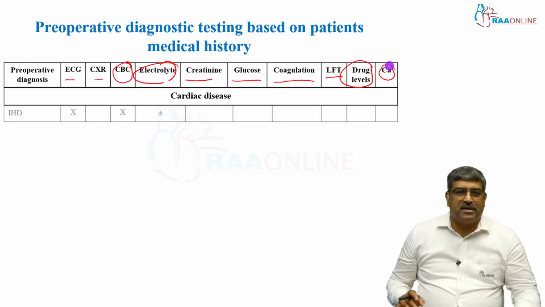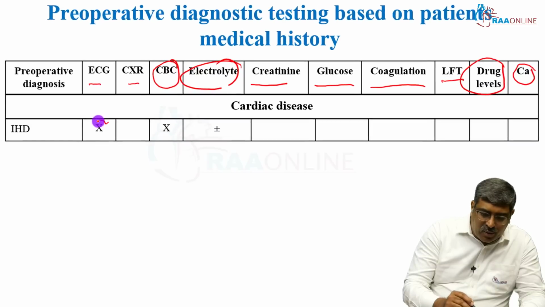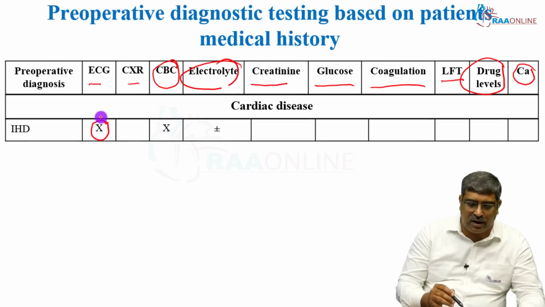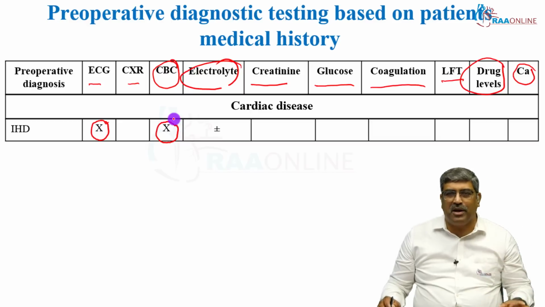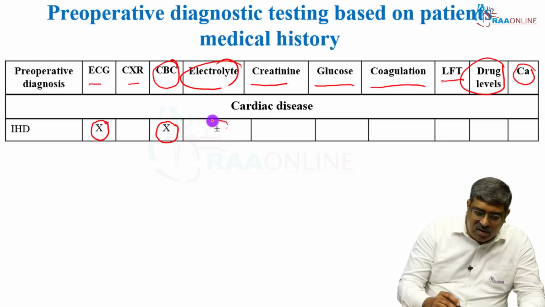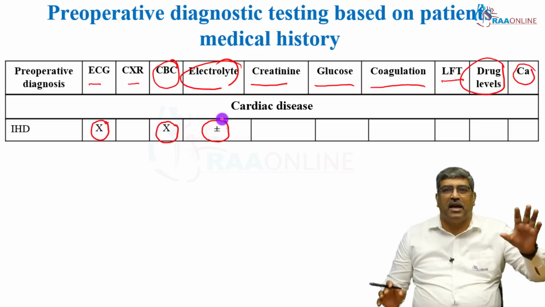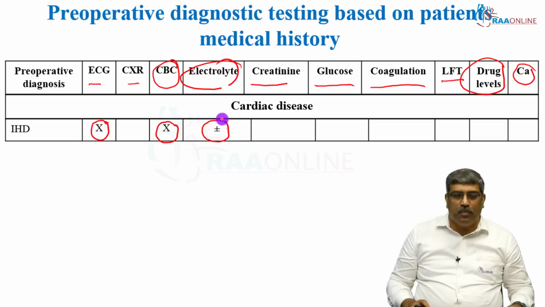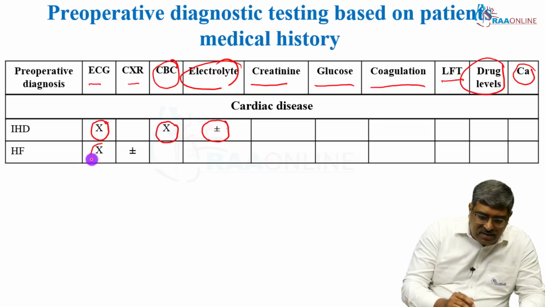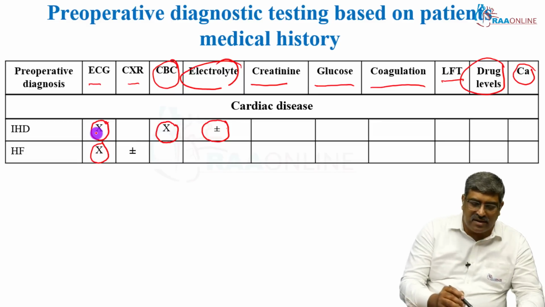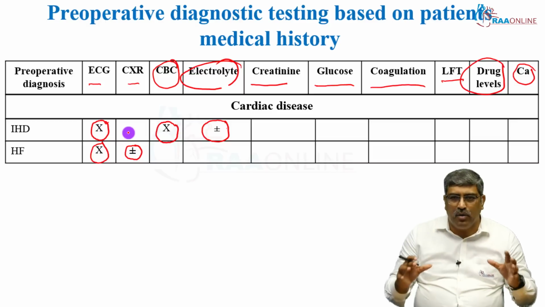In cardiac disease, particularly ischemic heart disease, you definitely require an electrocardiogram and a complete blood count; hemoglobin is very important. If the patient is on any medication which can cause electrolyte disturbances, electrolytes are very important. In case of heart failure, ECG is very important. Chest X-ray plus or minus, because the patient might have cardiomegaly.